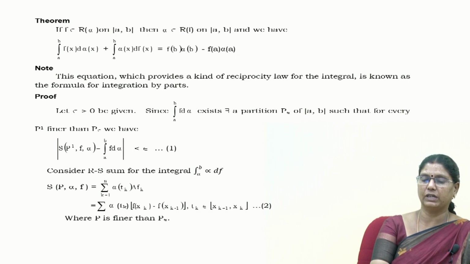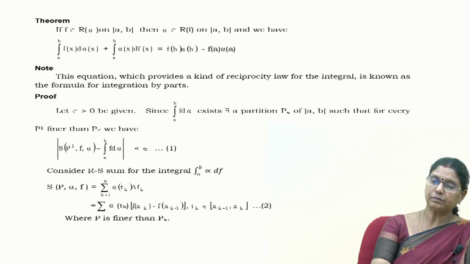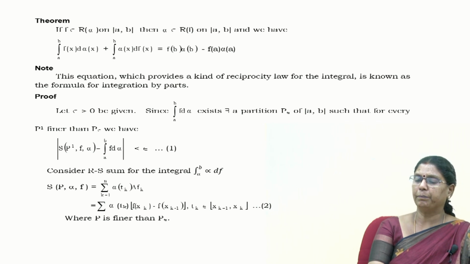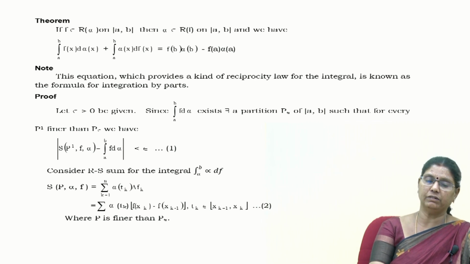So, now we are going to consider the partition for these two integrals. In the first case, integral a to b f d alpha exists, and we consider a partition, say P_epsilon, of the closed interval [a, b], such that for every partition P1 finer than P_epsilon, we have modulus of S_P1(f, alpha) minus integral a to b f d alpha is less than epsilon.